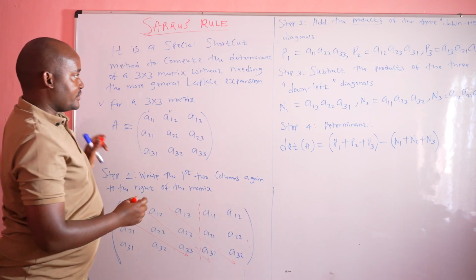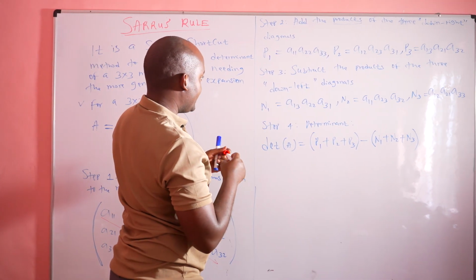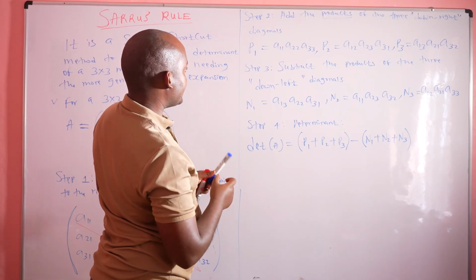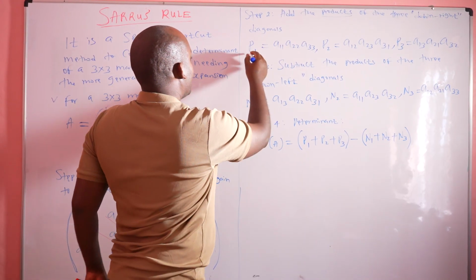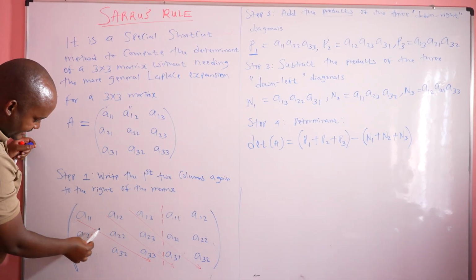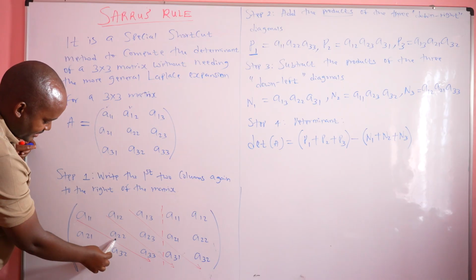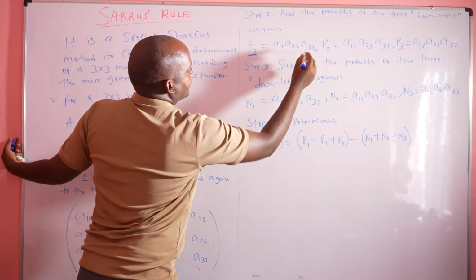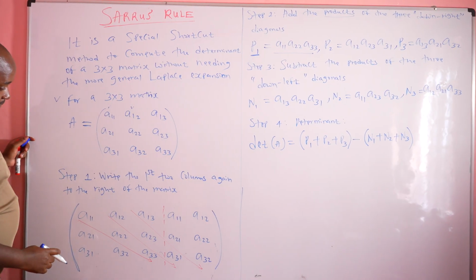So in this case we define the products P1, P2, and the third product, P3, as follows. P1 will be equal to this product here, which is A11 times A22 times A33, which is exactly what is being given there.